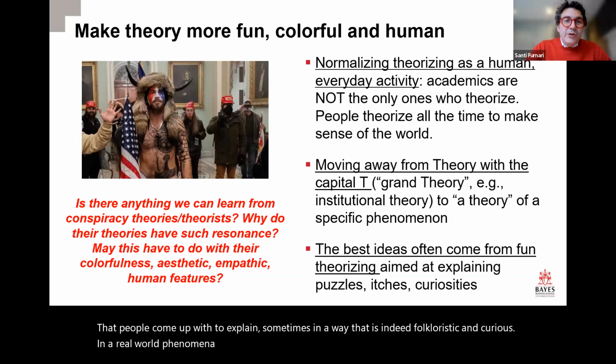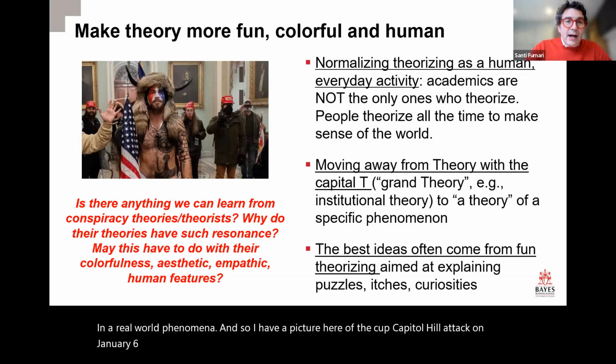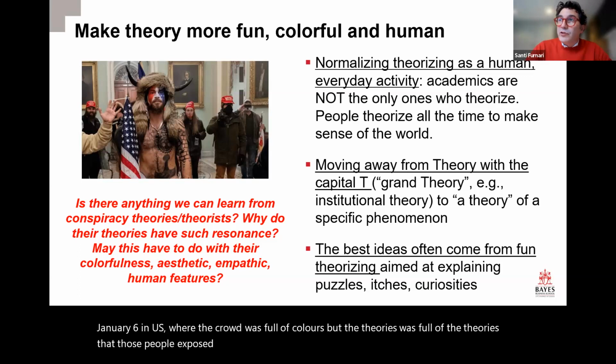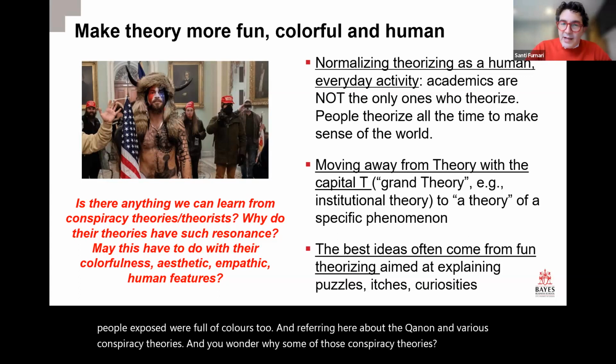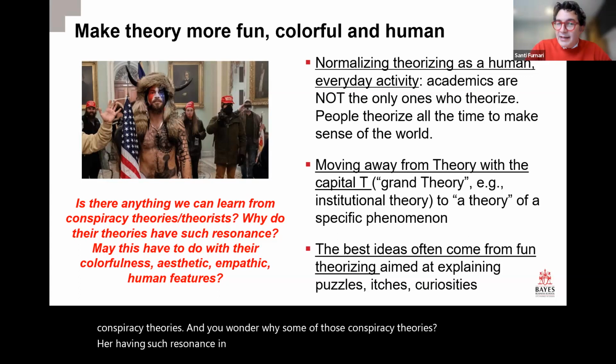And so I have a picture here of the Capitol Hill attack on January 6th in the US, where the crowd was full of colors, but the theories that those people espoused were full of colors too. I'm referring here to the Canons and various conspiracy theories. And you wonder why some of those conspiracy theories are having such resonance. And obviously I don't have hard evidence to bring to the fore, but just a provocation.